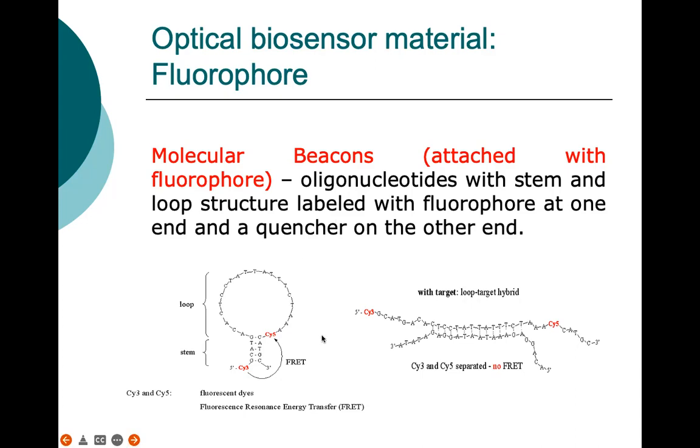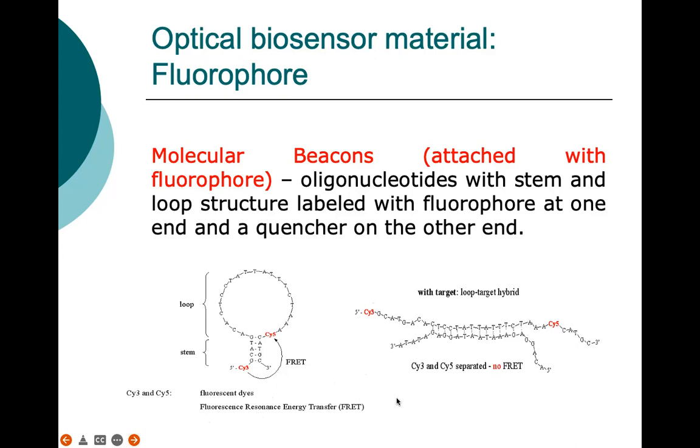But if this molecular beacon finds the target DNA, this structure will be destroyed. You can see that it goes into a chain structure. So the fluorophores here, Cy3 and Cy5, will be far away from each other. When they are far away from each other, there will be no more FRET signal.